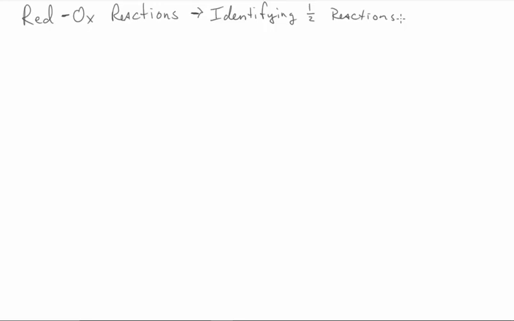We're going to be taking a look at redox reactions, and specifically today, we're going to look at identifying the half reactions. So redox stands for reduction and oxidation reactions. It's this transfer of electrons. You need to know redox reactions involve a transfer of electrons.